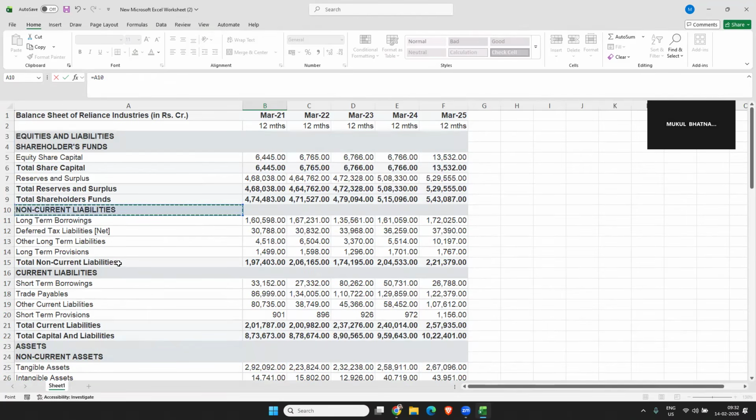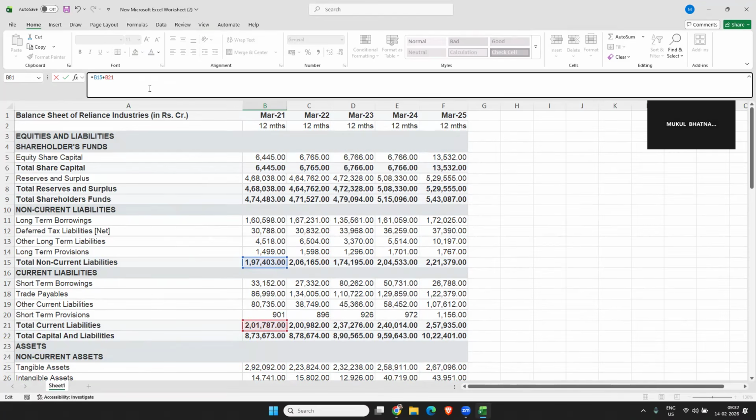Yes, here we have total non-current liabilities. Let me use the bracket. Okay. Plus, what is the total of current liability? Here we have total current liability divided by total capital and liability. Total capital and liability is given to us here.